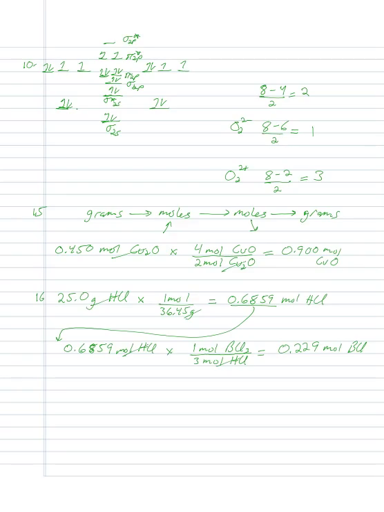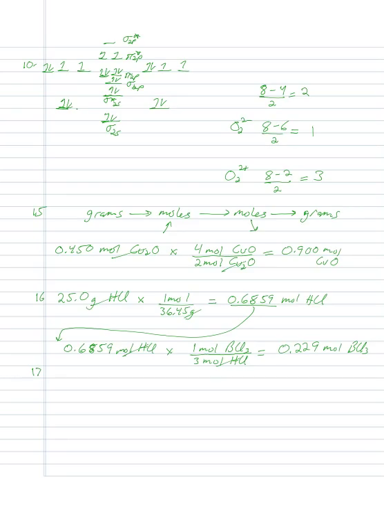So we want 25 grams of HCl. Okay, so we want to convert that into moles, so that's times 1 mole. And if we find the molar mass of HCl, it's 36.45 grams.